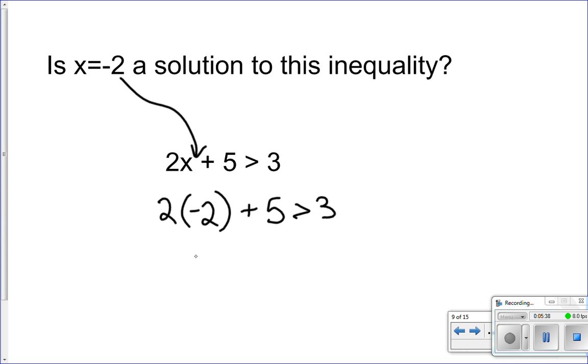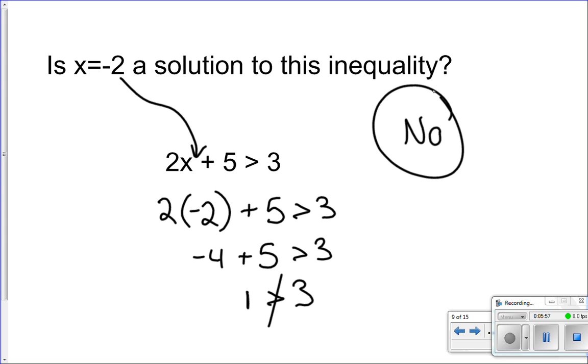Simplify. 2 times negative 2 is negative 4 plus 5 is greater than 3. Negative 4 plus 5. I'm down 4, then I gain 5. I'm now at positive 1. So positive 1 is greater than 3. Well, 1 is not greater than 3, so the answer is no. Negative 2 is not a solution to this inequality. 1 is not greater than 3.